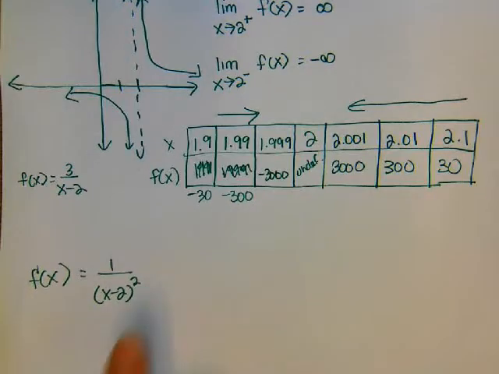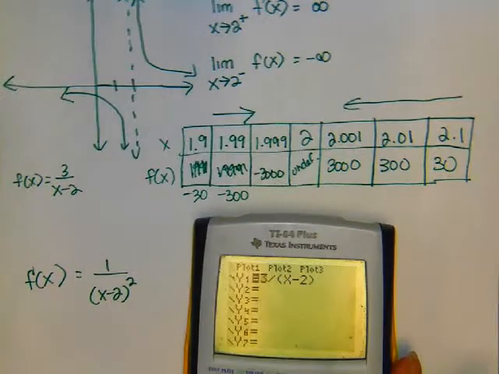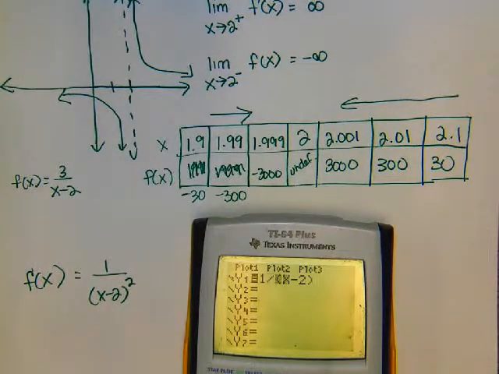Jacob? Making all the numbers in the bottom positive. Yeah. So guess what? From the left and the right, because I'm squaring those numbers, it's going to make the behavior on the asymptote on both sides approach positive infinity. Take a look at the graph.